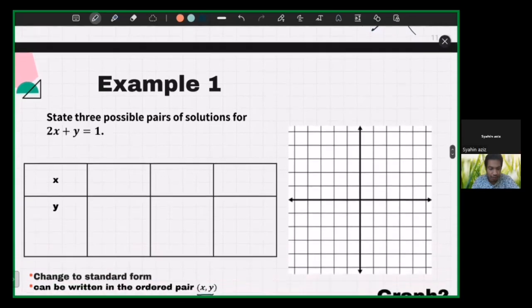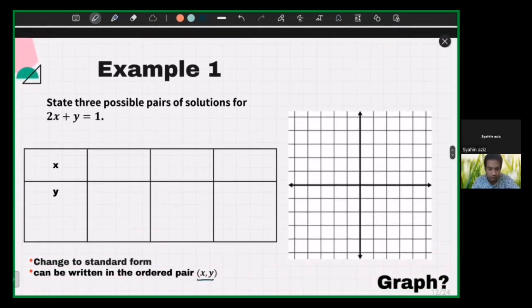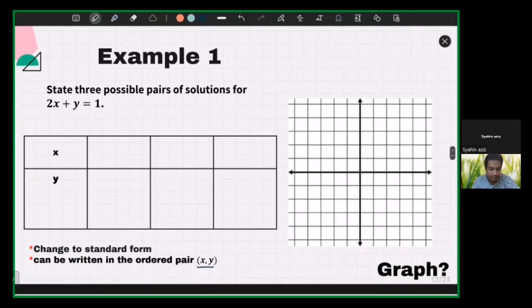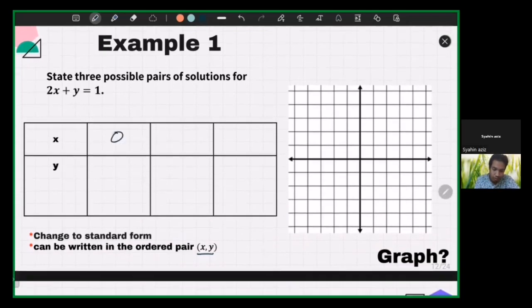Now, for example 1, state 3 possible pairs of solution for 2x plus y equal to 1. For example, x equal to 0, 1, and 2. So 2 times 0 plus y equal to 1, so y is 1. 2 times 1 plus y equal to 1, so y is -1.